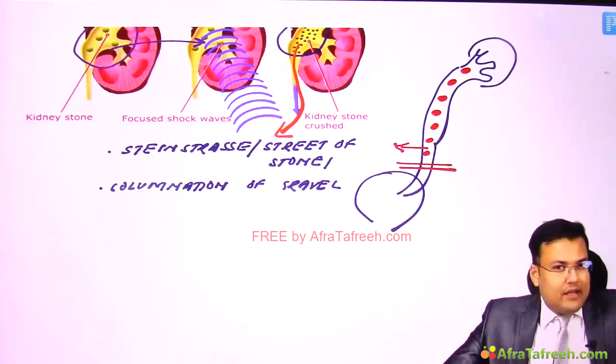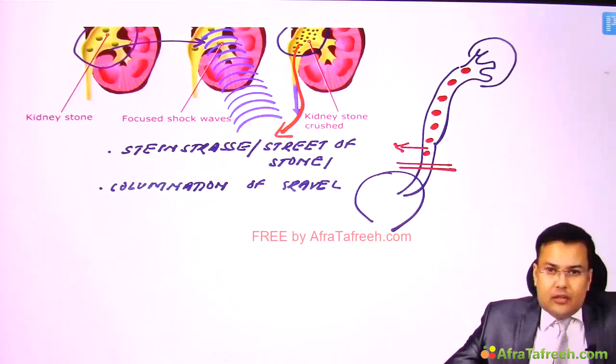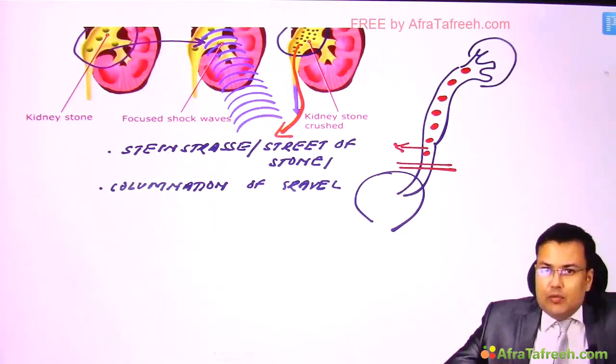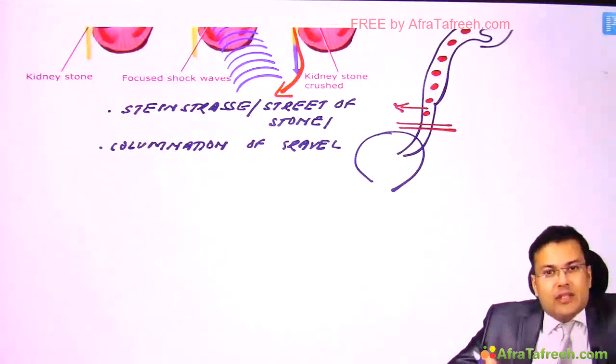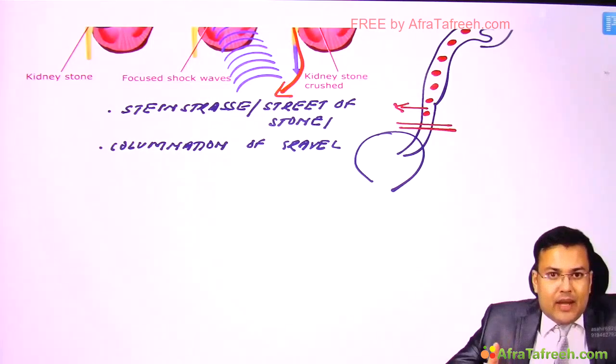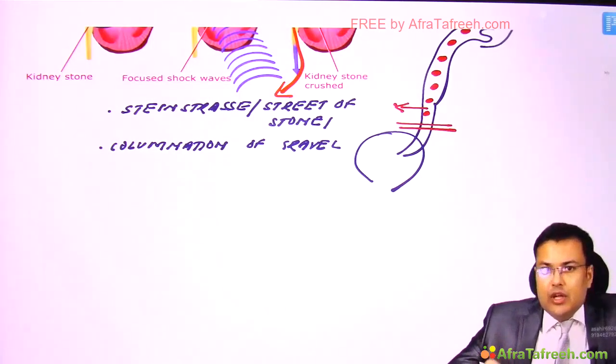ESWL is a very effective treatment option for renal stones, and any kind of renal stone can be removed, but you have to remember the size. What is the maximum size which can be removed by ESWL? It's 2 cm. See, two questions are asked. What is the maximum size of CBD stone which can be removed by ERCP? That is 1.5 cm. And the maximum size of renal stone removed by ESWL is 2 cm.